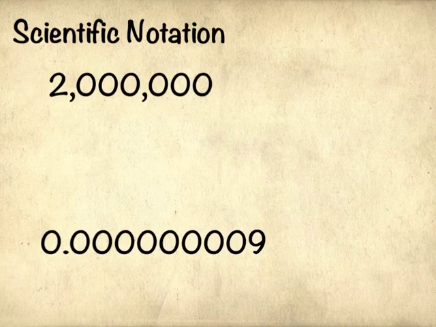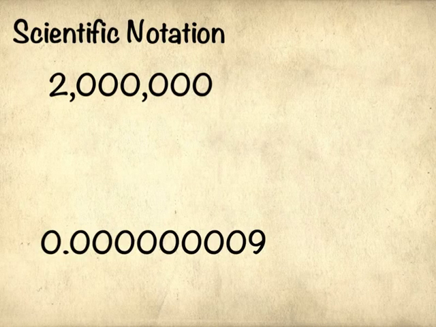So the first thing we're going to talk about, which is actually something we talked about in the book in 7.2, but we're going to go ahead and talk about it now, is scientific notation. Scientific notation is just a quick way of writing large numbers or really, really small numbers with lots and lots of zeros as a product of 10.